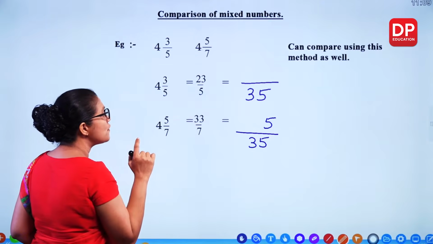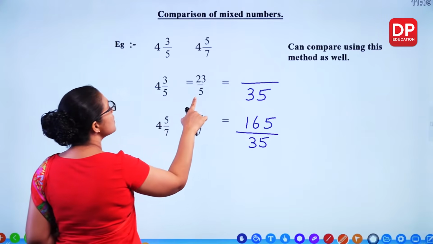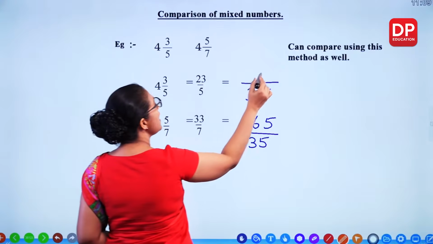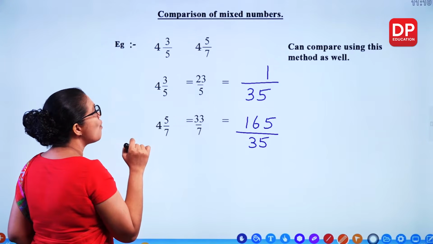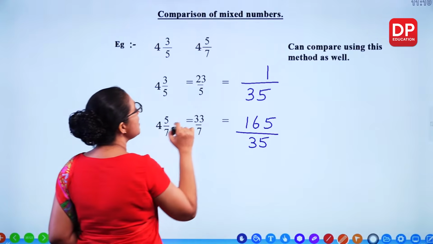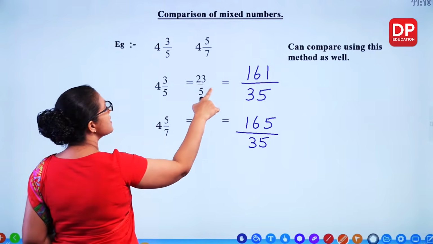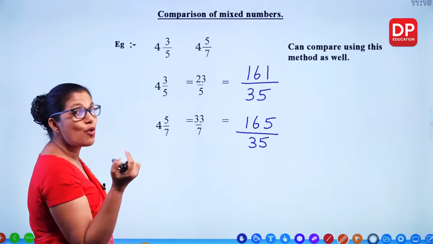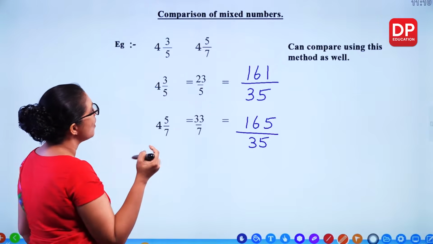5 times 23 gives 115. This one, multiply by 7: 7 times 33 gives 231. Now which one is bigger? Now you can compare.